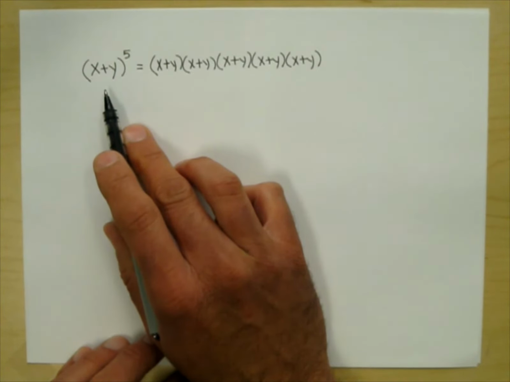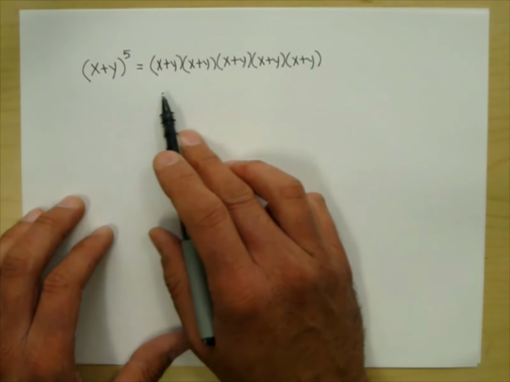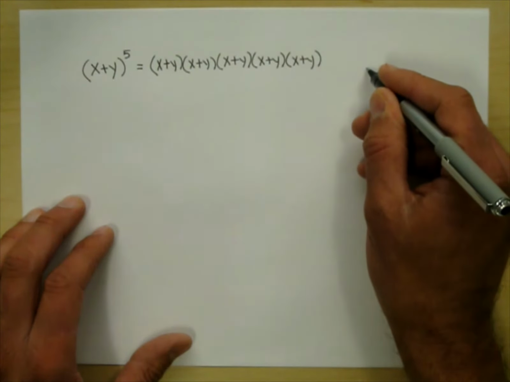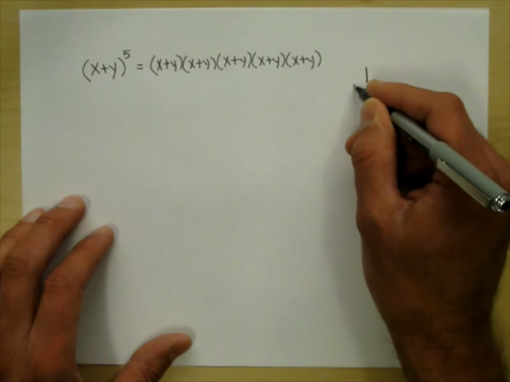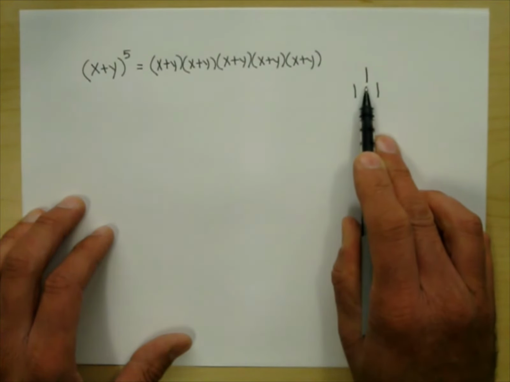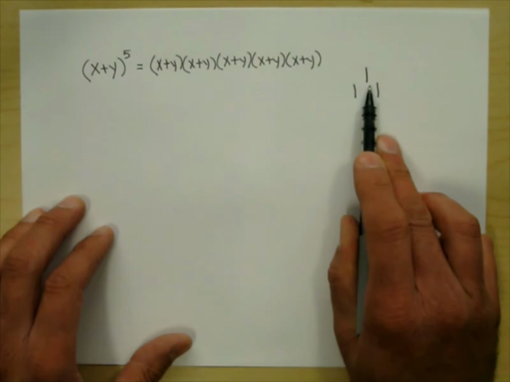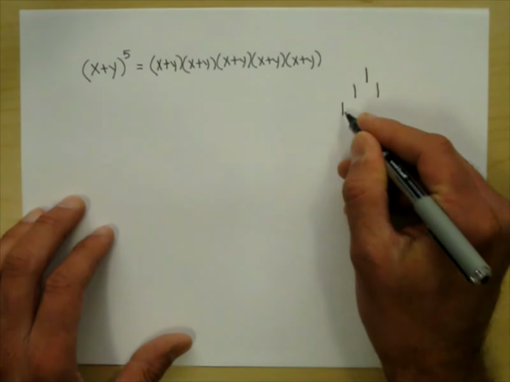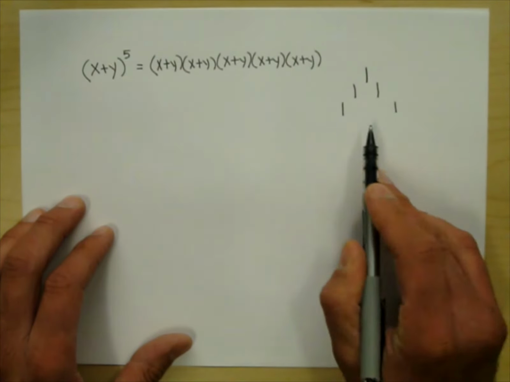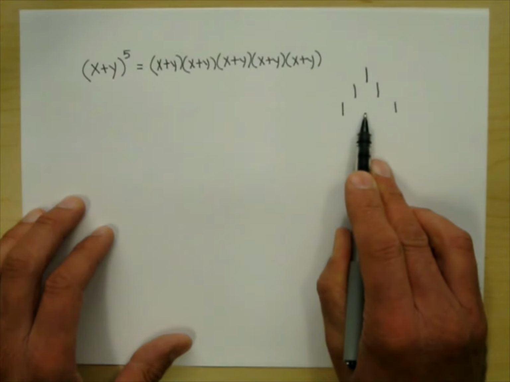So there is something called the Binomial Theorem, which is a shortcut. I'm going to just go through it kind of quickly. It involves something called Pascal's triangle. Pascal's triangle has a 1 up top, and then there are 1s there. So this makes a little triangle. I'm going to make the triangle a little bigger by adding another row. The number that you get right here is from adding the 2 numbers above it.